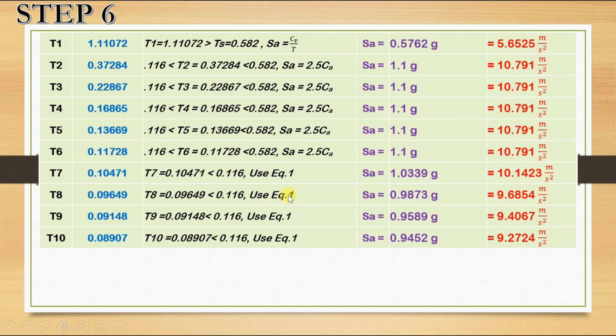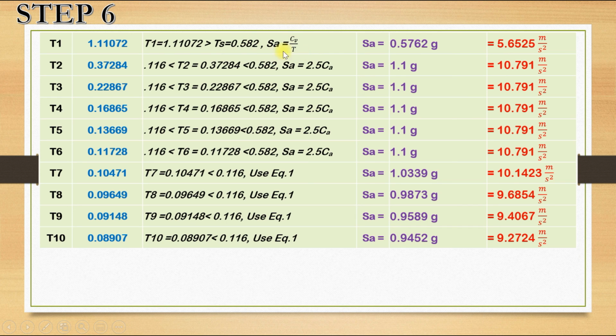So, ito na yung overall computation ng spectral acceleration. Ito. So, dito, sa T1, since yung T1 natin is greater than TS, which is, halimbawa, itong T1, 1.11072 is greater than TS, which is equal to 0.582.